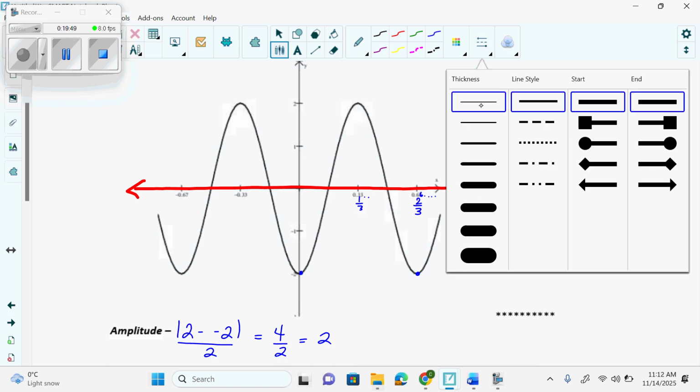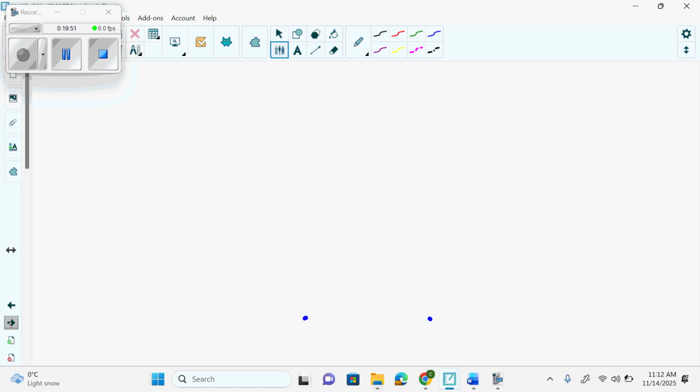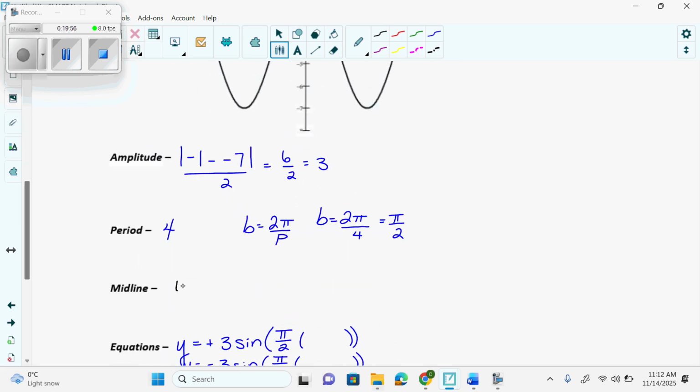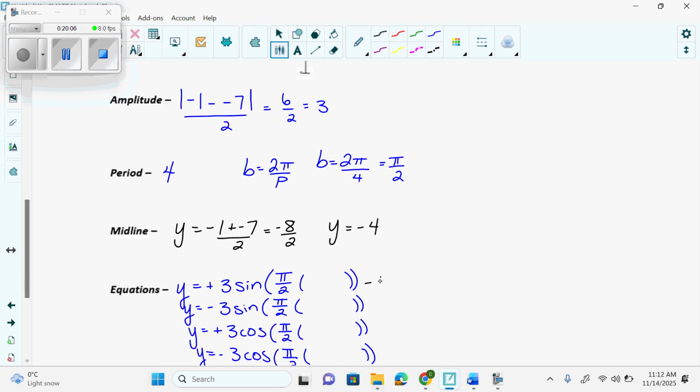Okay. Then the next one, I have -1 and -7, so I get y equals -1 plus -7 divided by 2, which is -8 divided by 2, so y equals -4. So at the back of every equation, I'm going to have -4, and -4, -4, -4.